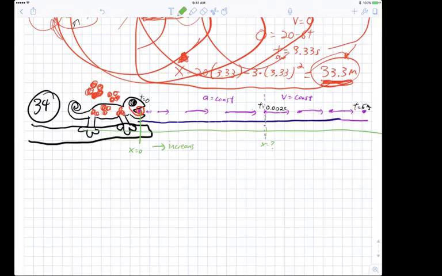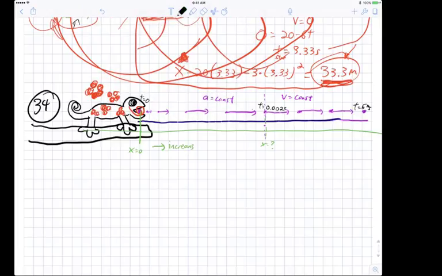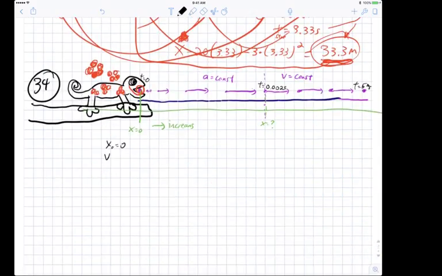So let's start by using the constant acceleration equations. What have we got? Their initial position is 0. The initial velocity is 0. And the acceleration is going to be 250 meters per second squared.